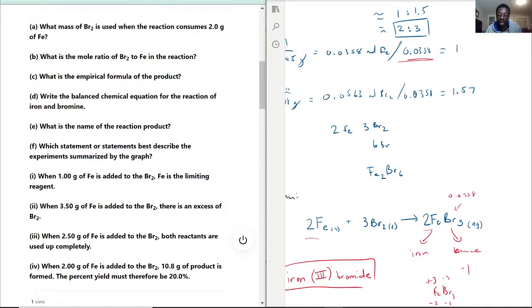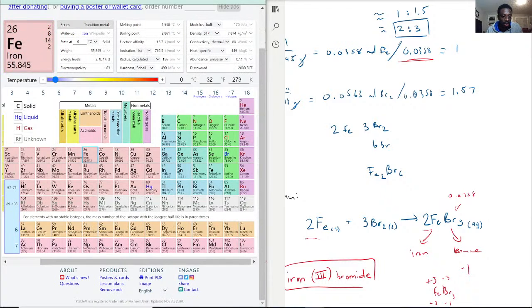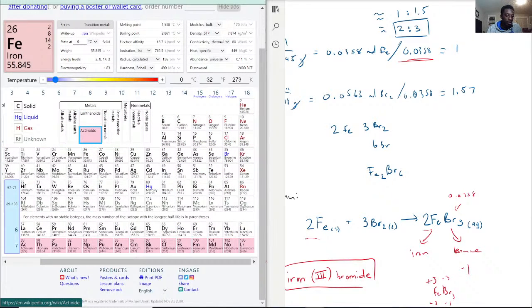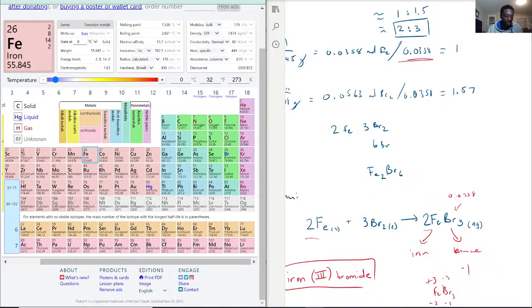Then converting that over to a molar mass, iron 3 bromide, based on the periodic table, is going to be 55.845 plus 3 of bromine, so 79.904 times 3.